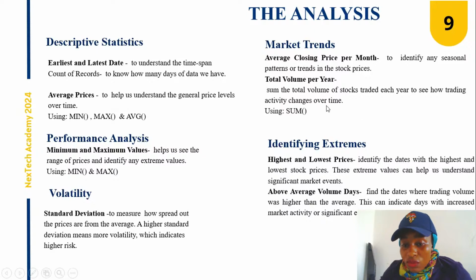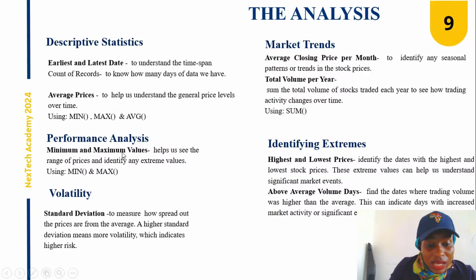Again, here we summed all the volumes in all the years and grouped them. And then in our performance analysis, we were just looking at the minimum and maximum values to help us see the range of prices and identify any extreme values.